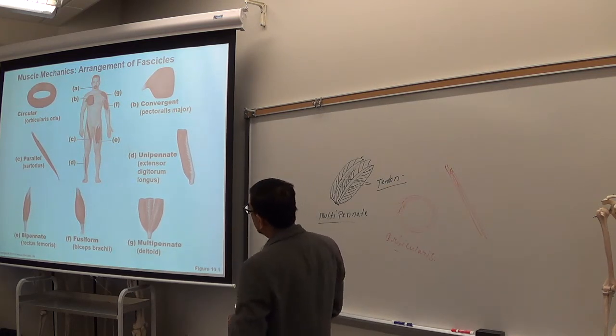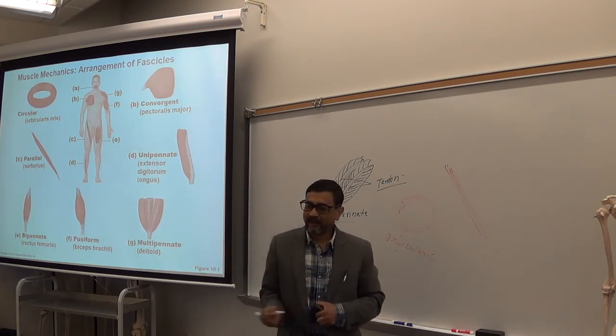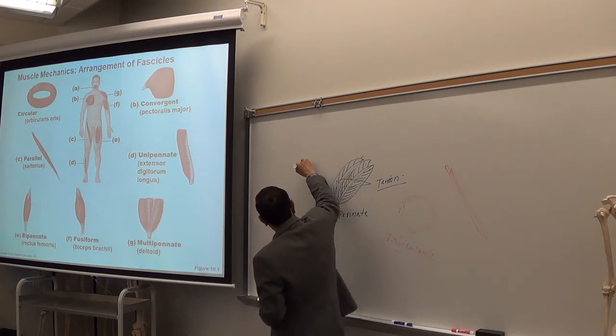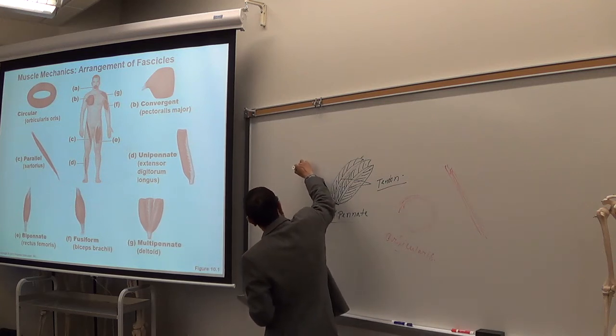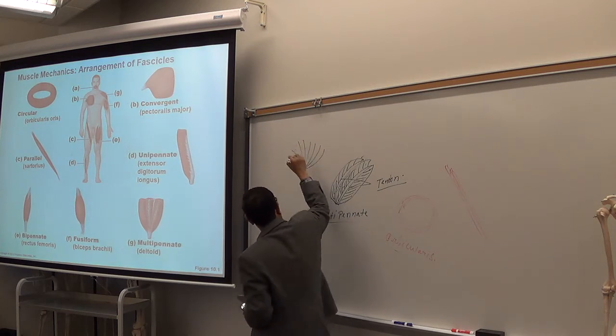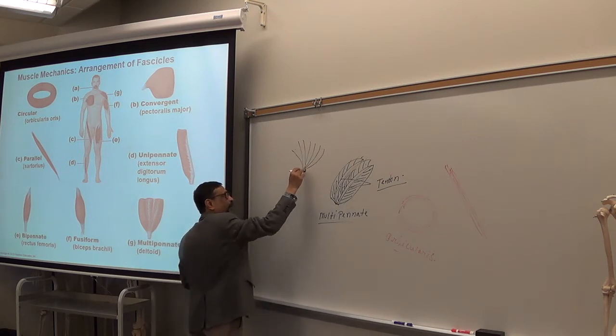Then convergent. You'll see some muscle fibers are coming from different directions or different locations and getting together at one point.